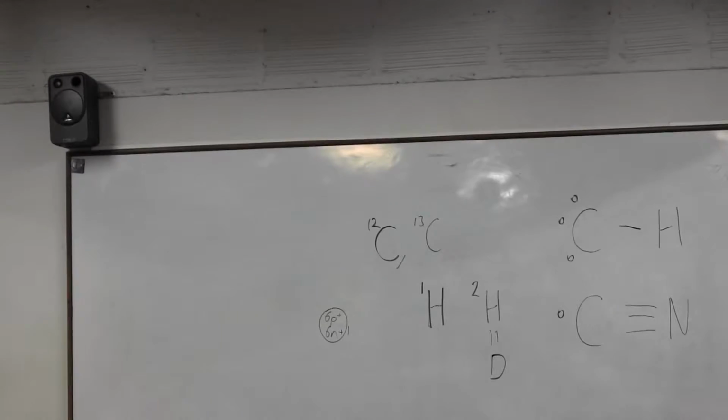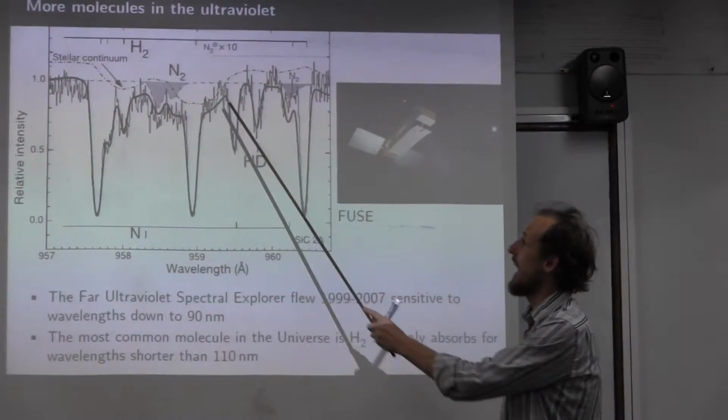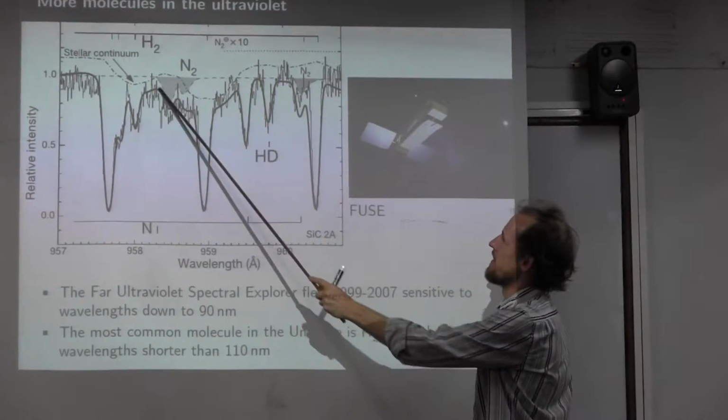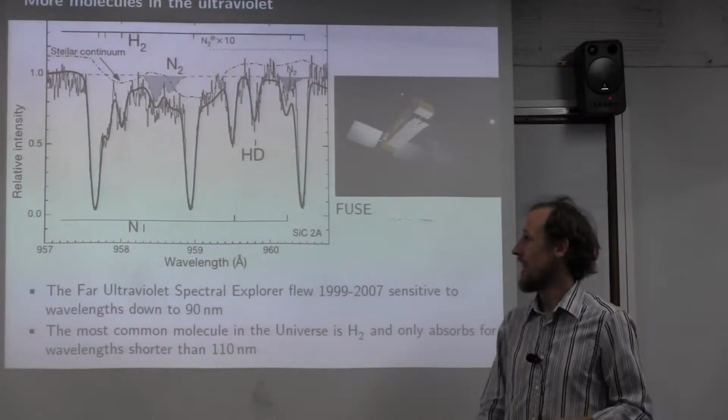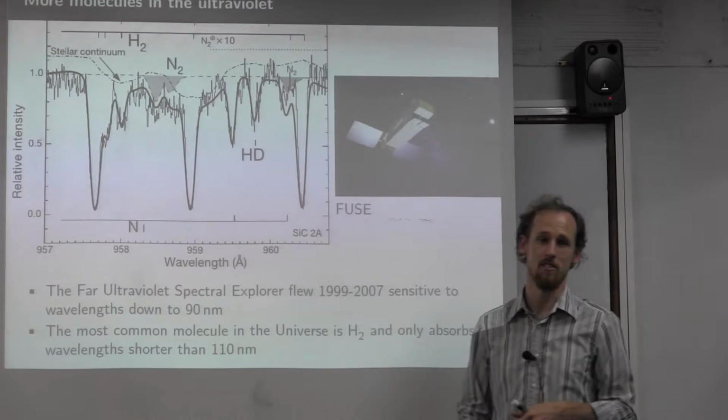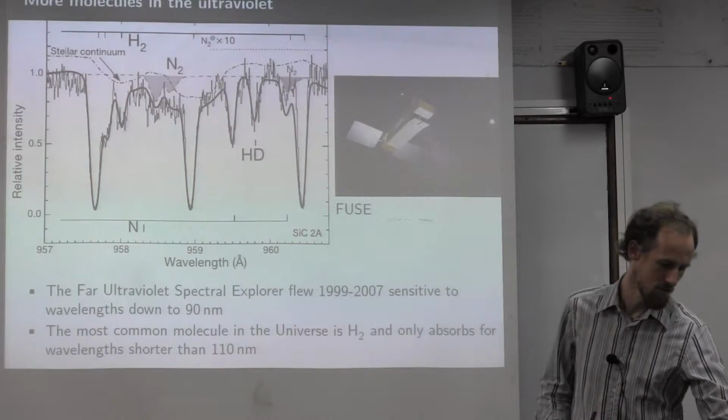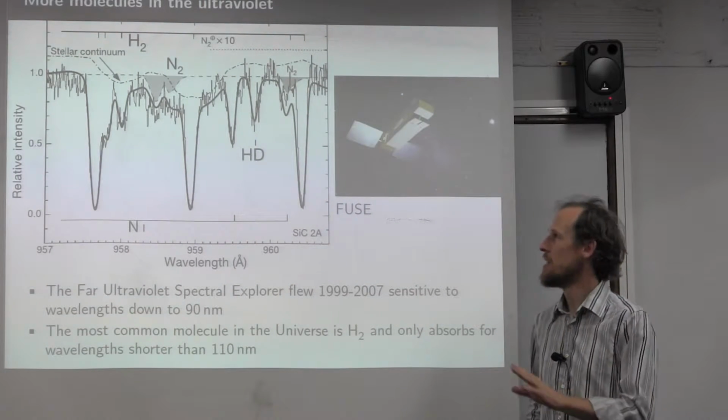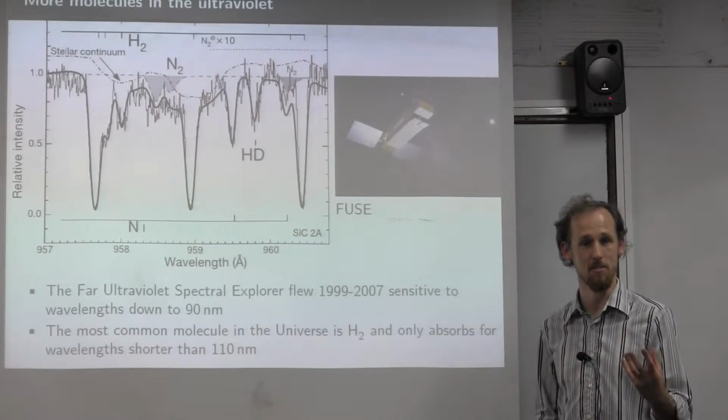What we're looking at is an H2 molecule, or an HD, hydrogen and deuterium bonded together, and a weak nitrogen absorption line there. The point of the spectrum actually was the nitrogen, because nitrogen is one of the most abundant molecules in space, as we'll see, but it has never been seen. It's completely invisible.